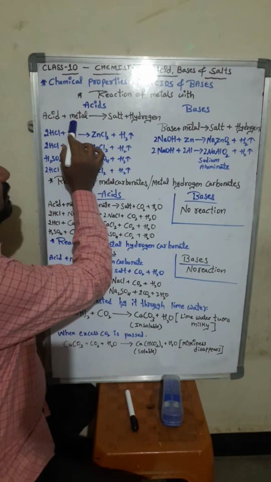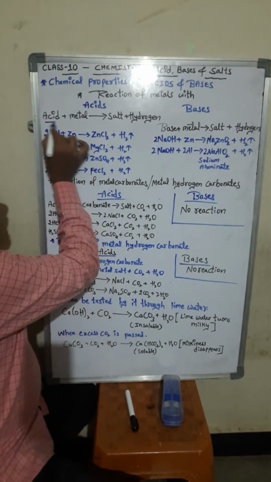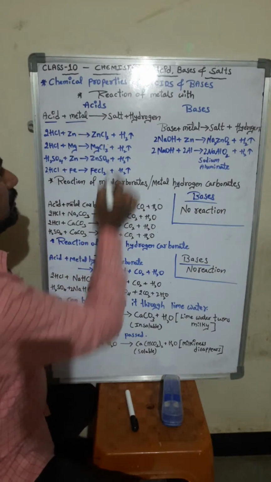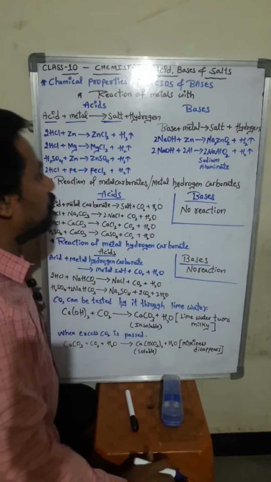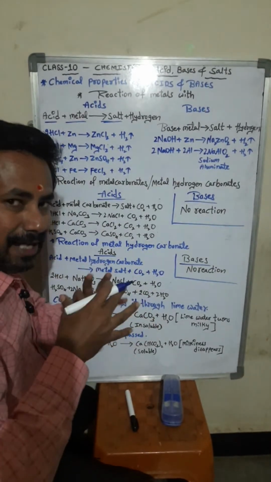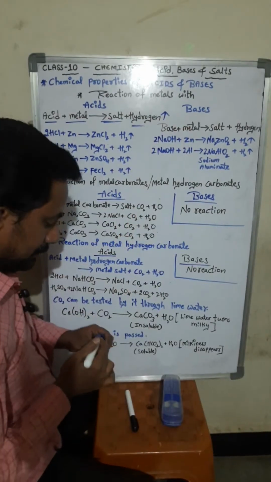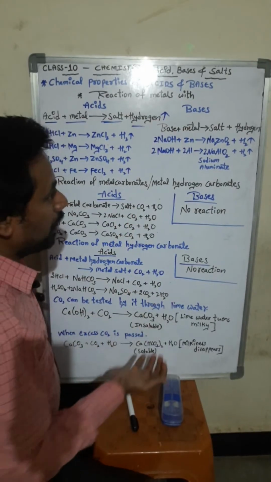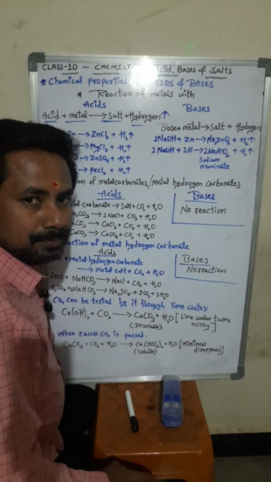When acid is reacting with metal, metal salt will form, students. Salt will be formed after the chemical reaction and hydrogen gas will be liberated. Why is hydrogen shown with an upward mark? Because it is the lightest gas, it goes up.